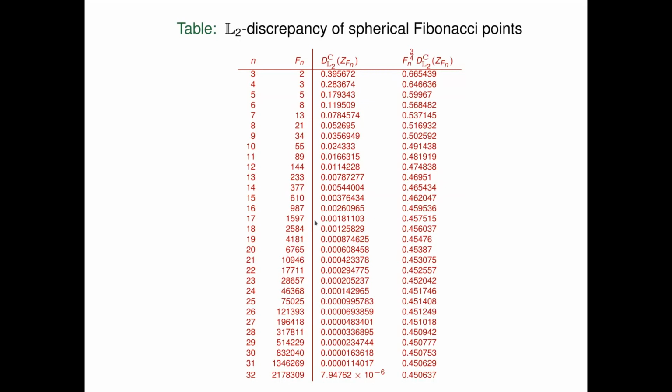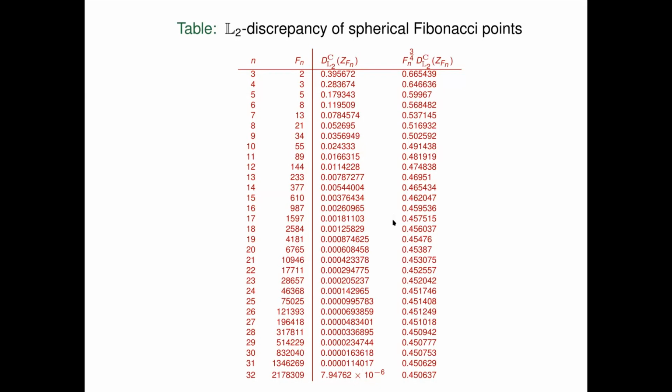Here I could go up to over 2 million points. It seems that the right power of the number of points multiplied with the discrepancy goes to a number, so that seems to stabilize, but of course this is not enough numerical evidence to see if there's a log power present.